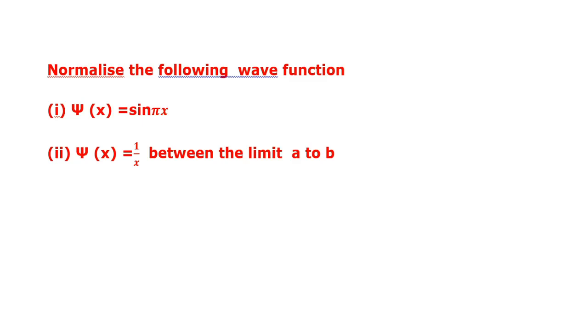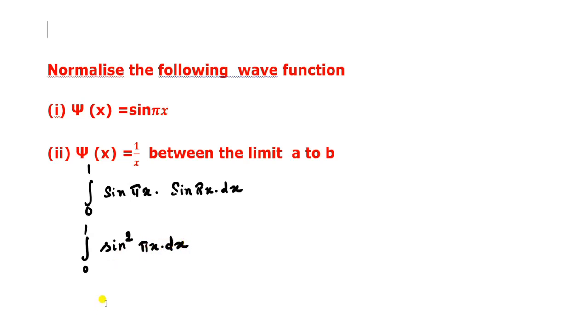The next wave function is equal to sine pi x. For normalization, it is the limit 0 to 1 of sine pi x into sine pi x dx. So this is equal to sine squared pi x into dx.